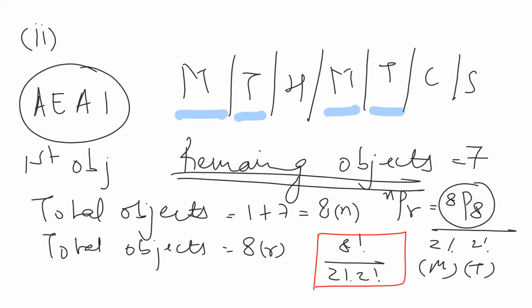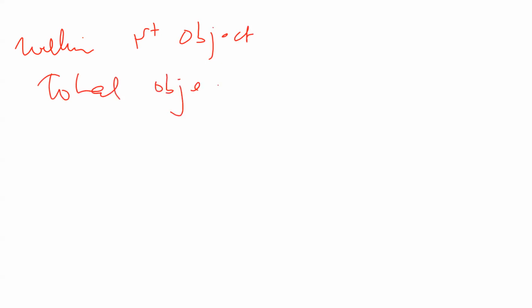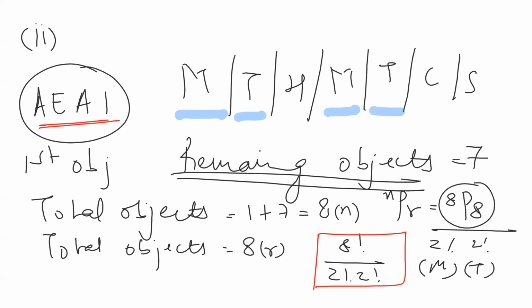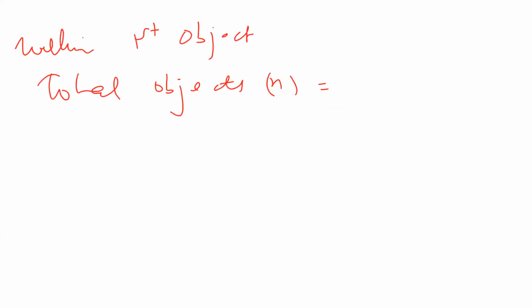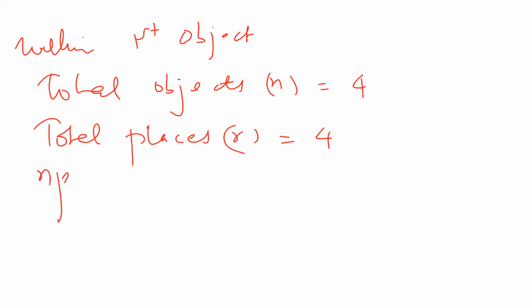Now within the first object, total objects are, how many total objects are there? 4. A, E, A, I. So those 4 objects can also be internally arranged with each other. Total places are 4, 4P4 upon 2 factorial.